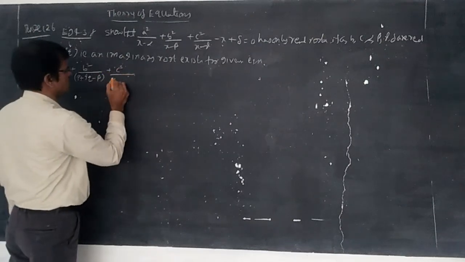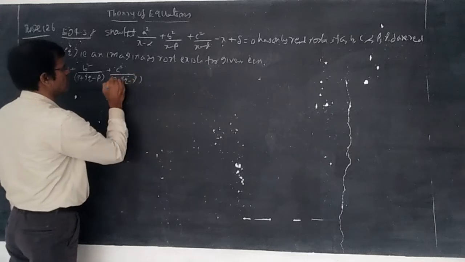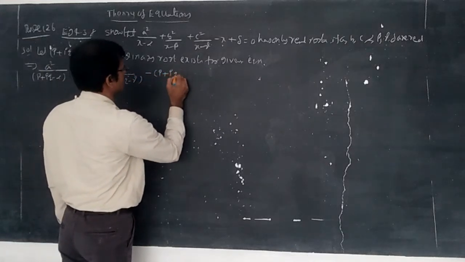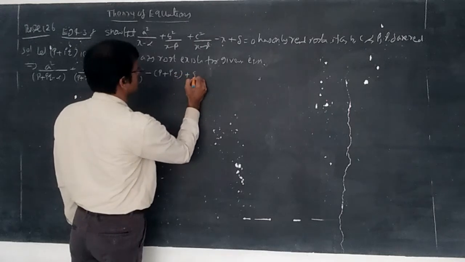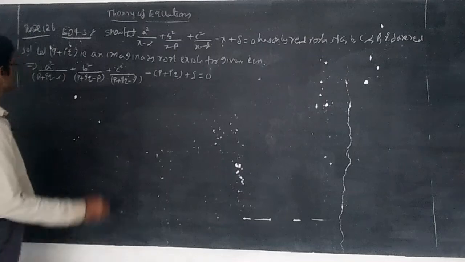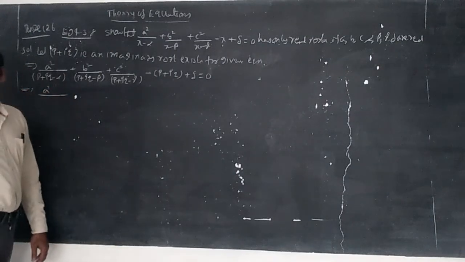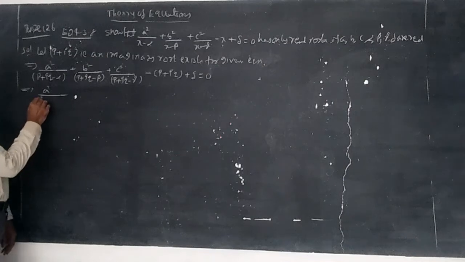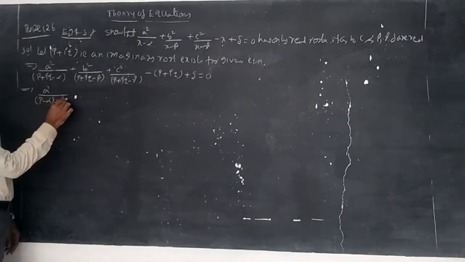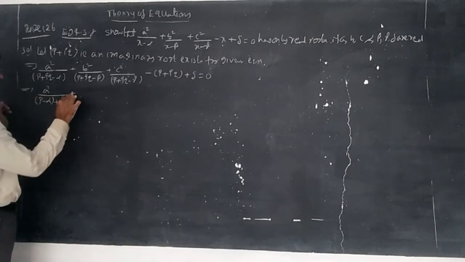Plus c square by p plus iq minus gamma, minus of p plus iq, plus delta is equal to 0. That implies a square by p minus alpha plus iq, right, like this, with imaginary part and real part.